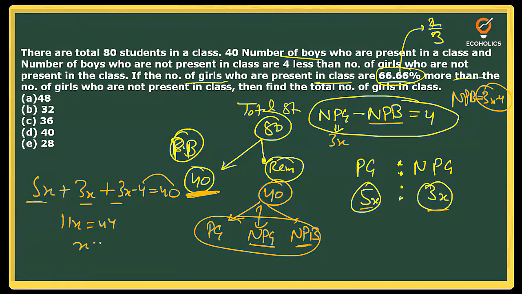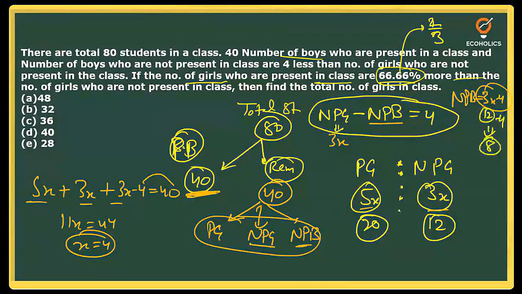What is the value of x? x is 4. Now when x is 4, you can find any number. This will be 20, this will be 12, and this will be 12 minus 4, which is 8. So the question is, find the total number of girls in the class.